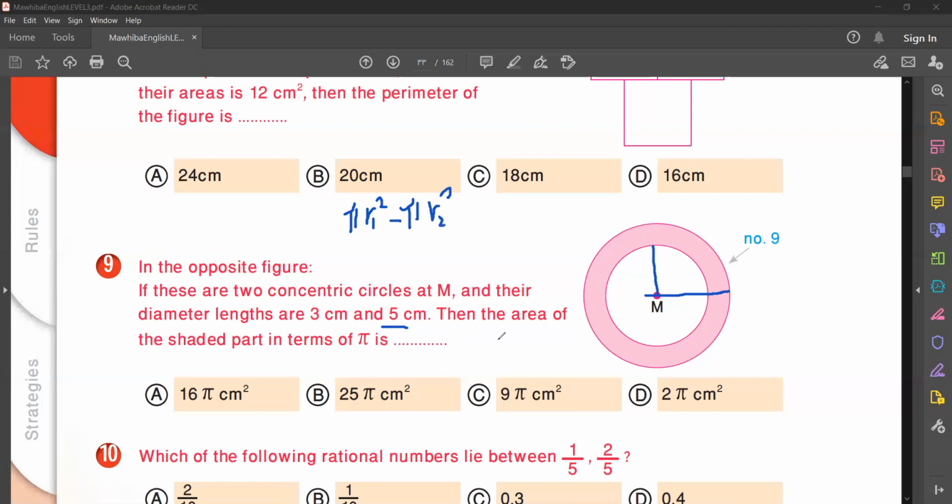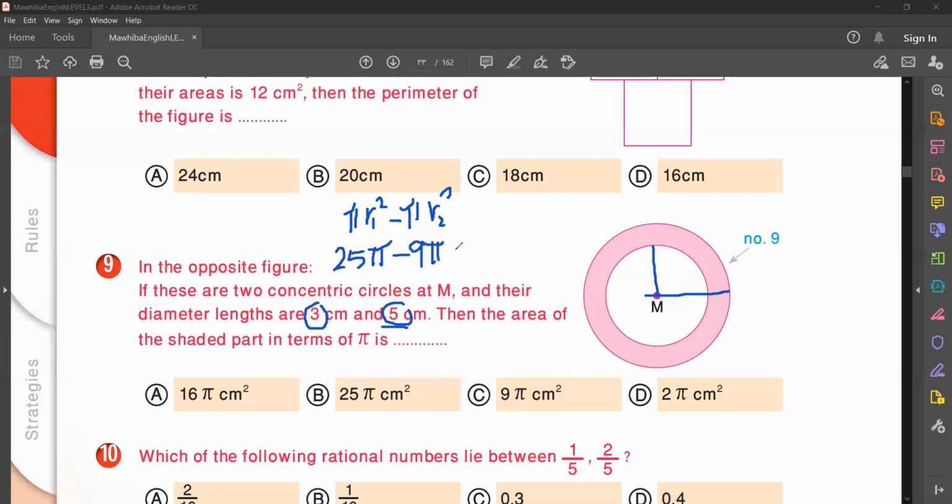Now we substitute. The big one is 5, so 5 squared is 25 pi, minus the small one, 3 squared, you multiply it, is 9 pi.